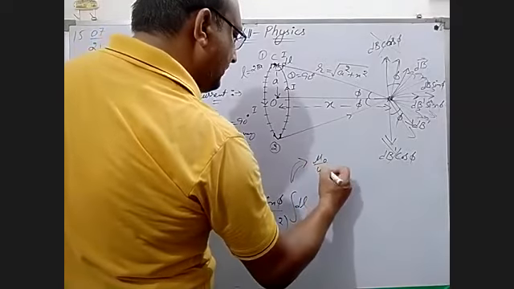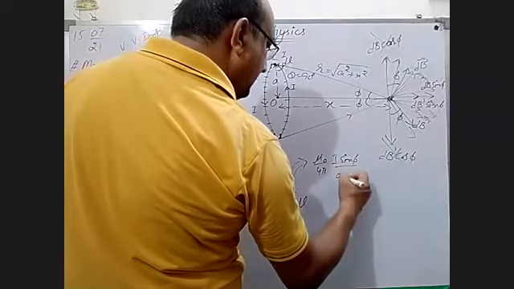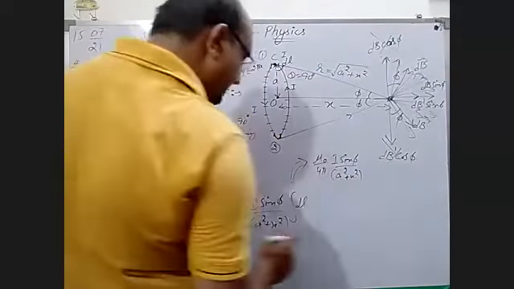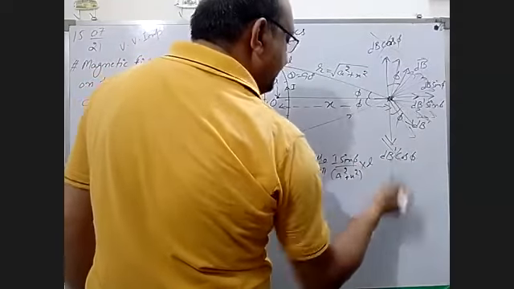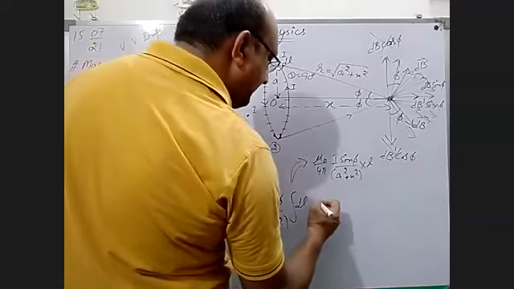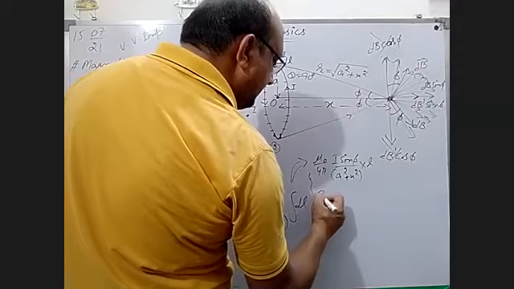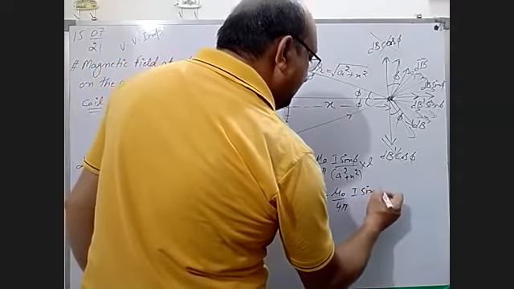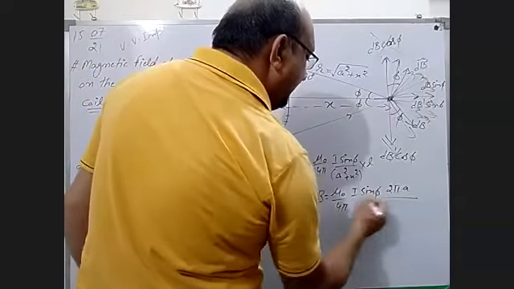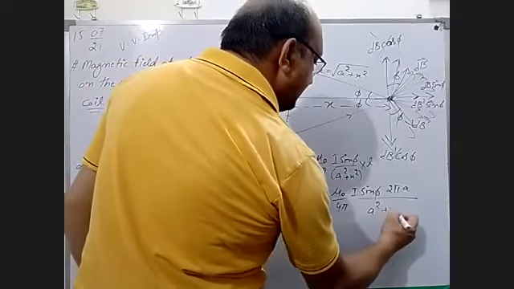Mu naught upon 4 pi I sin phi upon a square plus x square. dl integration is L. And what is L? L is 2 pi a.